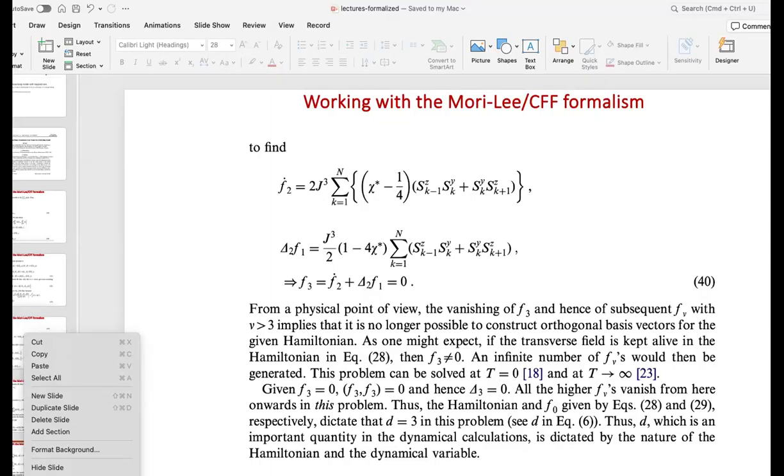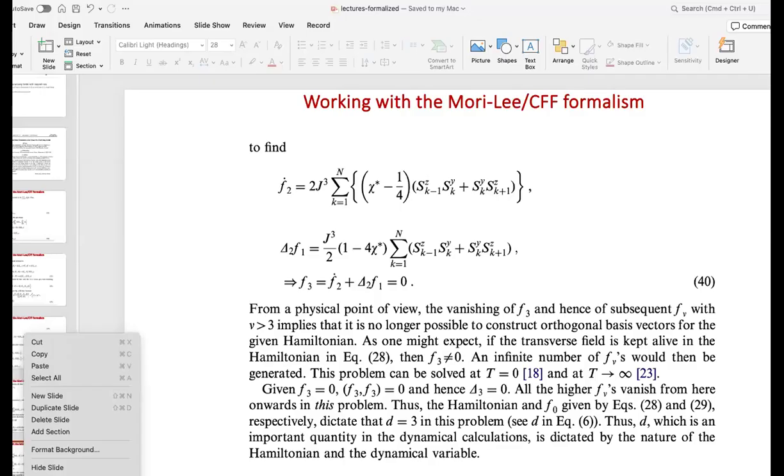The conclusion becomes that this D, the Hilbert space dimension D, is the coordination number Q, number of nearest neighbors plus 1. So in other words, if we have nearest neighbors 2, then D will be 3.